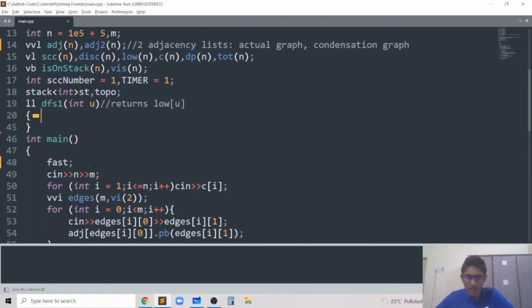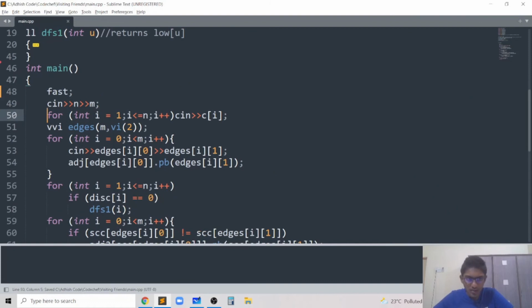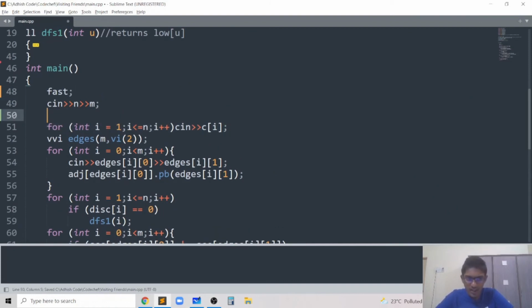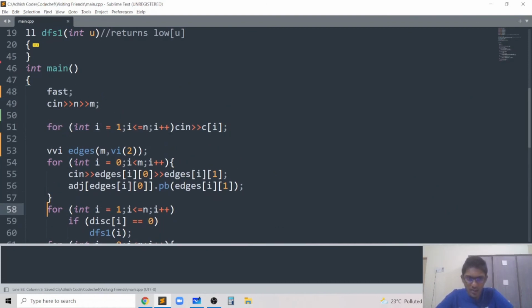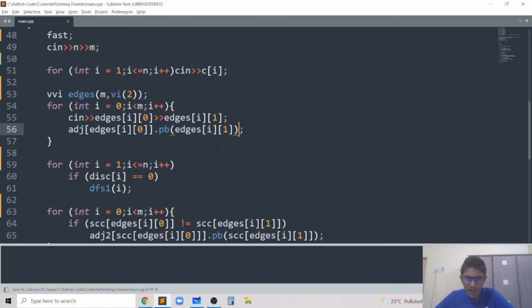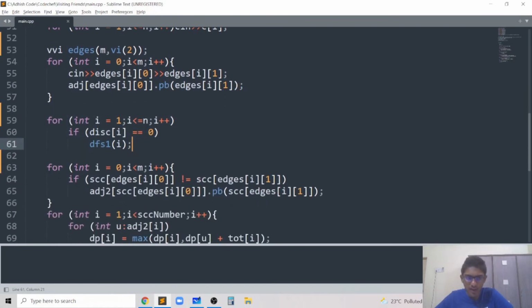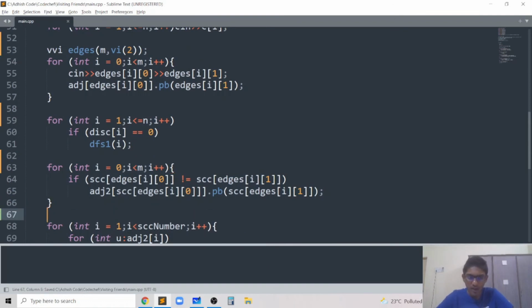In the main method, I initially use fast IO, and I take in the n, m and the c of i values. Then I store the edges, which is basically the first graph, and after I run Kosaraju's algorithm, I form the condensation graph by adding the connected components together.